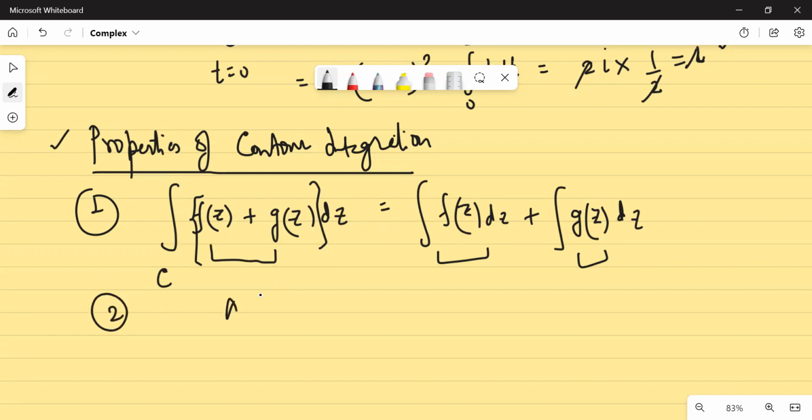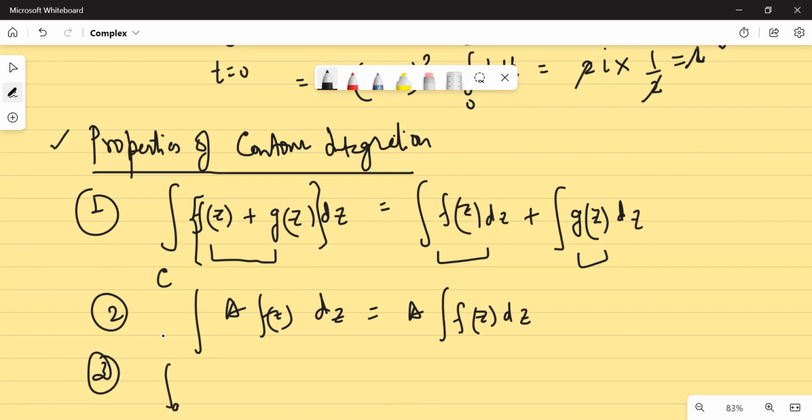If you multiply your function with some constant a and integrate it, the constant would come out simply, a property that you know from your definite integral class also. Similarly, the integral from a to b of f(z) dz will come out as minus the integral from b to a of f(z) dz.